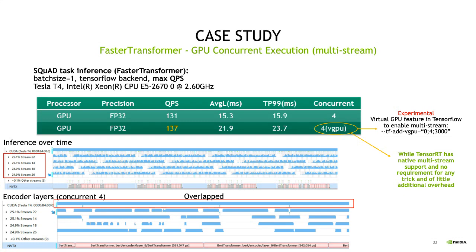The kernels from different instances are executed concurrently and overlapped with each other. This again helps a bit over the previous configuration, so that you can see the QPS raised from 131 to 137. But the performance is not guaranteed, so you can test this configuration in your own test.